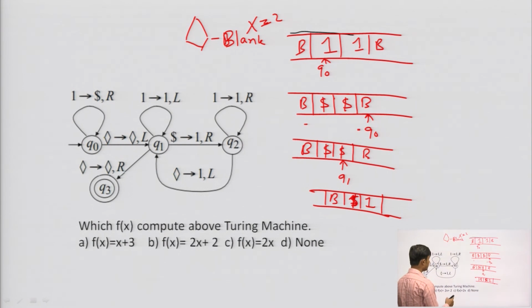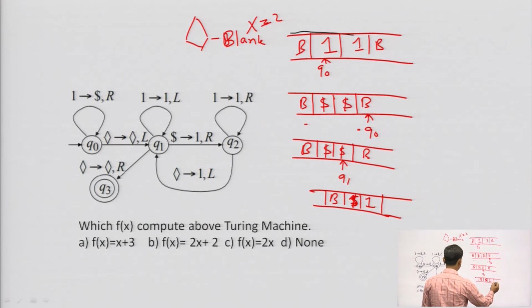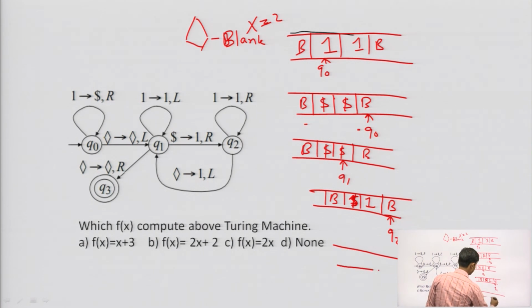Like that in Q2, you again get a blank. When you move right, this is Q2 on blank, and you write another 1. Then you go left, which is Q1.